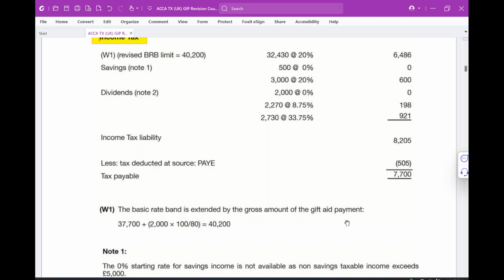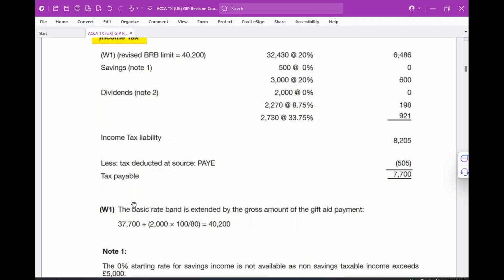Now, you remember when we looked at the question, we said, oh, Kate is in a situation where she's paid out quite a significant amount of money for charitable purposes. It's known as gift aid. So it looks to me as if the benefit to making a gift aid payment is, in fact, that the basic rate band is extended.